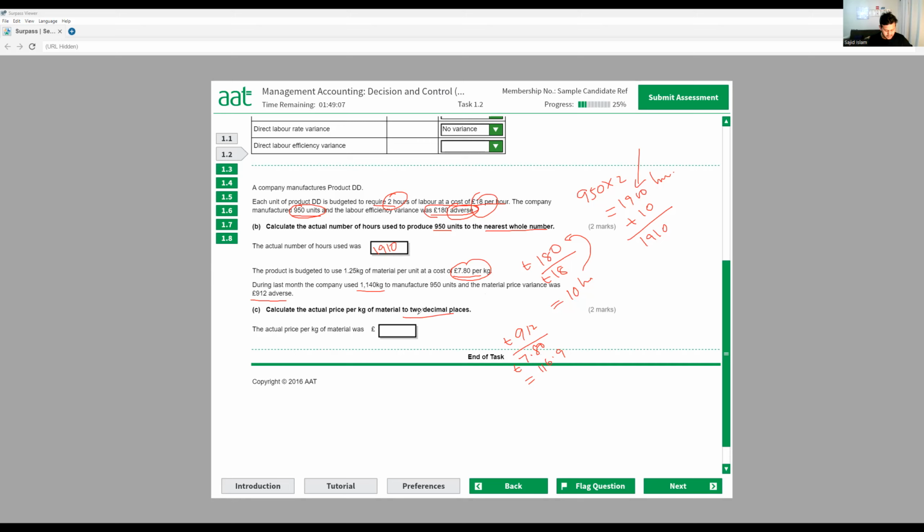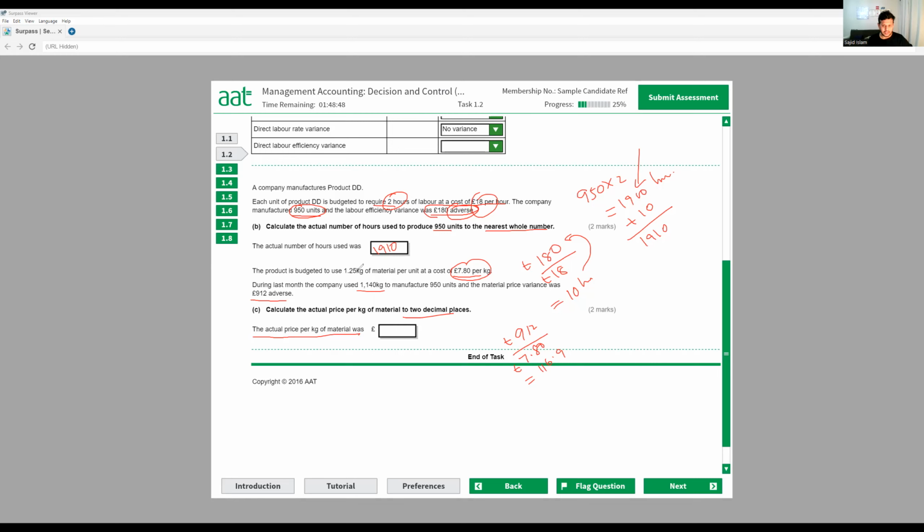Okay, let's have a look. The question is asking for the actual price per kilo of the material. Okay, this time it is not the total, but the actual price per kilo. So first I need to identify how many kilo. So let's find it out.